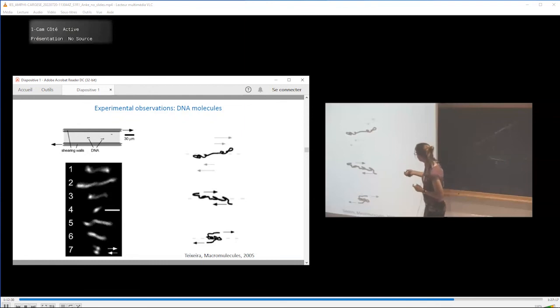What actually happens is that you put your polymer coil in the flow. It will be stretched along the direction of extension. It will be rotated until it reaches the flow direction. It will be rotated more until it reaches the compressive part. It will be coiled again and continues like that.